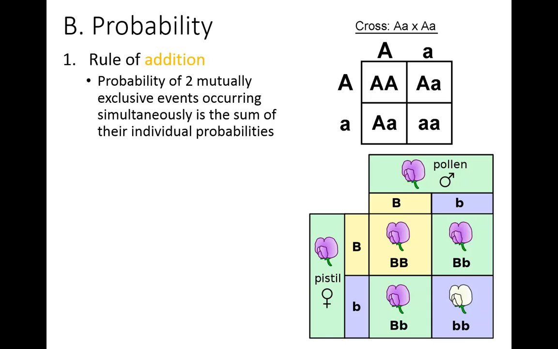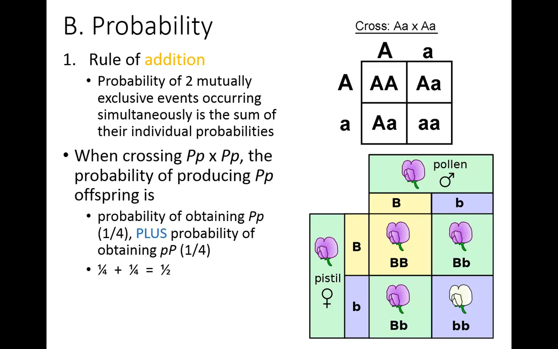So to determine probabilities, we use two different rules. The first one is the rule of addition, where you add the probabilities of independent events, and the sum is the probability of either event occurring. So when you're crossing heterozygous purple plants, the probability of producing a heterozygote is, if you count up the Punnett squares, here's our two heterozygotes, same thing here.